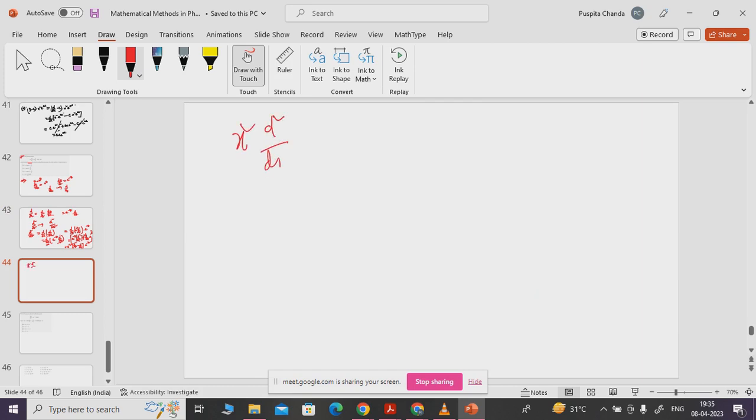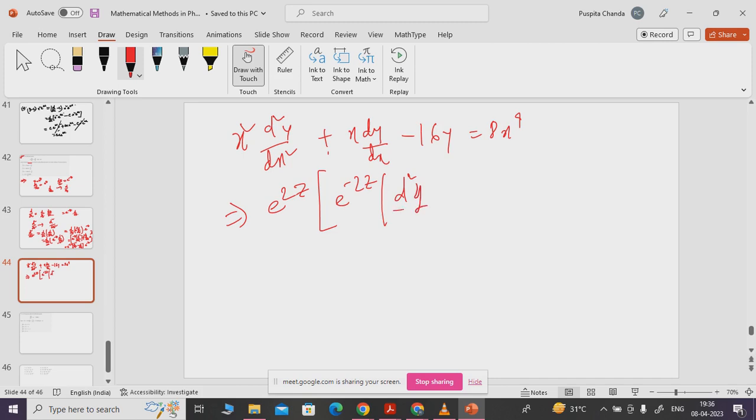So putting this in, our initial equation was x² d²y/dx² plus x dy/dx minus 16y is equal to 8x to the power 4. x is equal to e^z, x² is e to the power 2z, d²y/dx² will be e to the power minus 2z (d²y/dz² minus dy/dz), plus x dy/dx is e to the power z, e to the power minus z dy/dz.